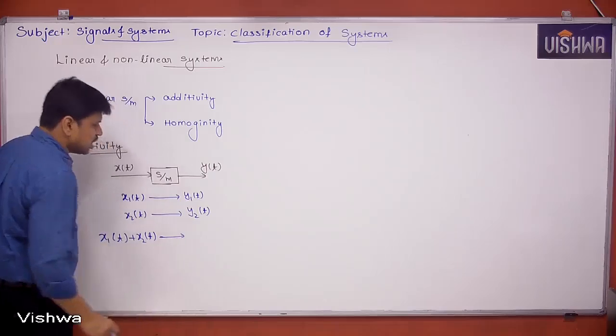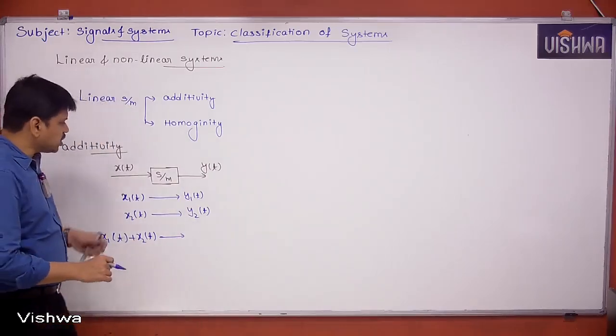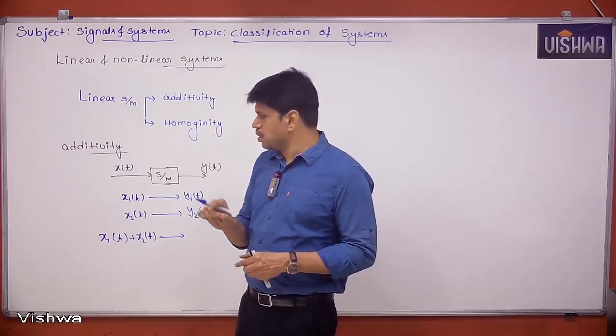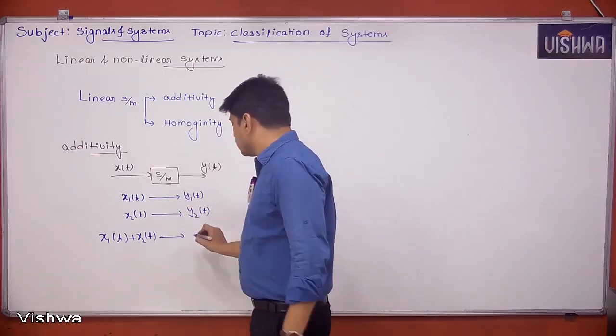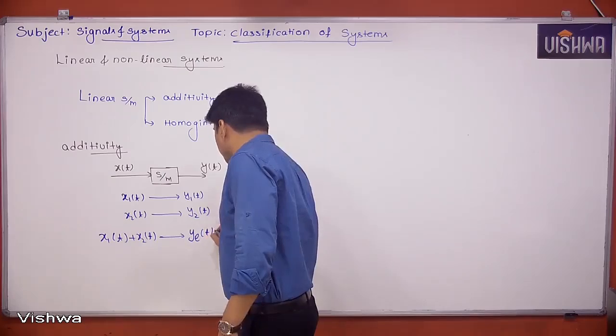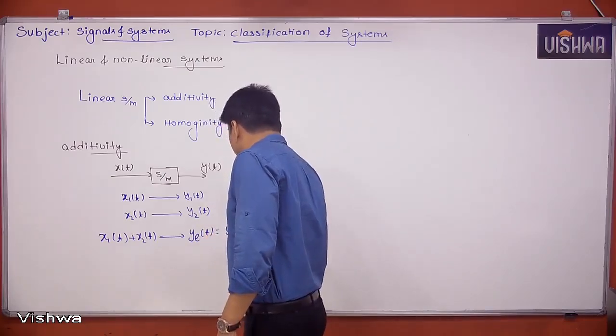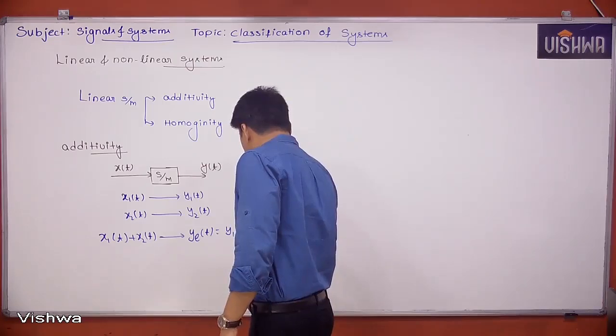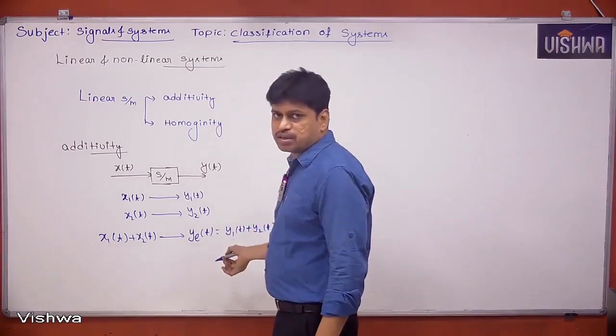That means if a system obeys the additivity principle, then the output should be in this form. This is what we are expecting. It may or may not be. This must be y1 of t plus y2 of t. The actual output may be different or may be the same.